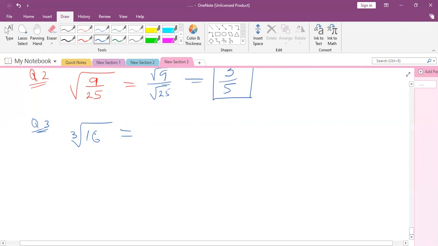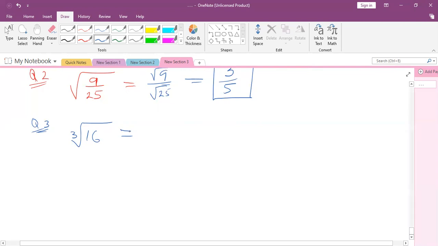Now, if I look at this question, I can find a number that multiplies by itself 3 times to give me 16, right? But what I could do is break this 16 down to factors and see if I can get the cube root of one of the numbers.